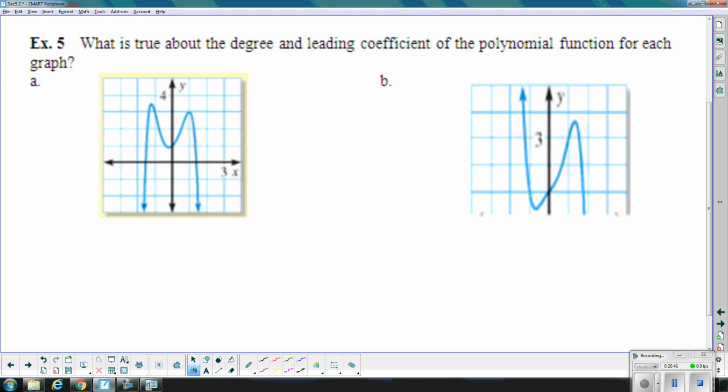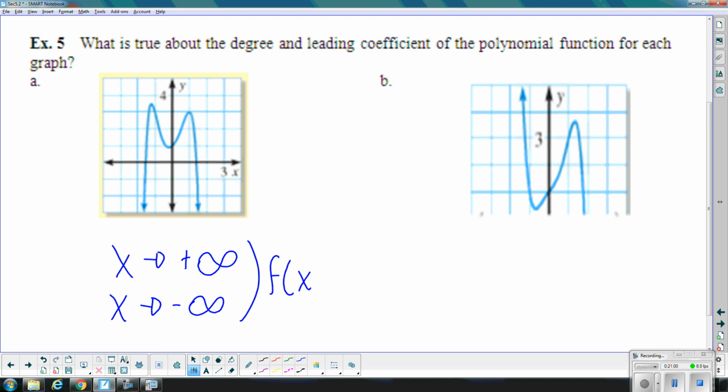In this example, f of x approaches negative infinity both when x approaches infinity and when x approaches negative infinity.